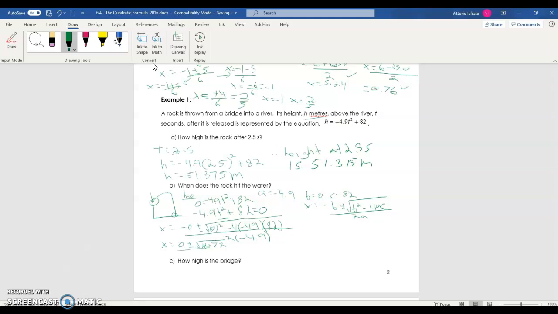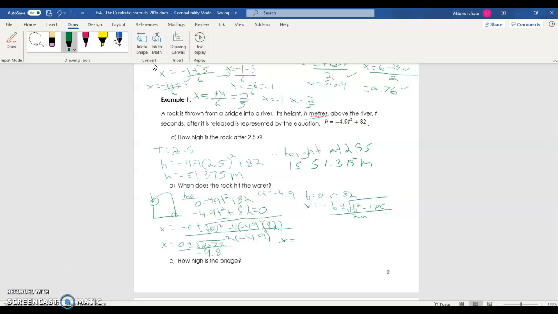Over 2 times negative 4.9, that's negative 9.8. And then we can go and do our two approaches. Remember, we're going to have plus or minus. So I'm going to do that over here. My first step will be x is equal to 0 plus the root.